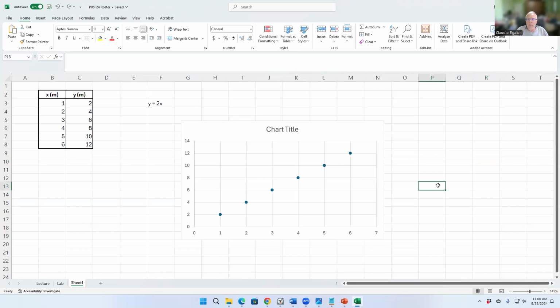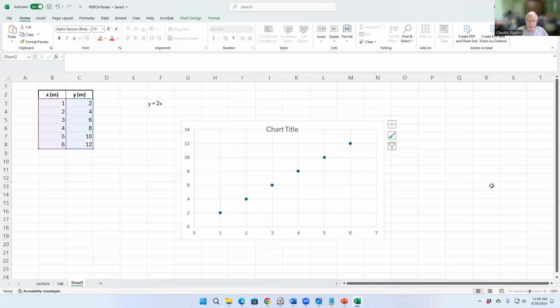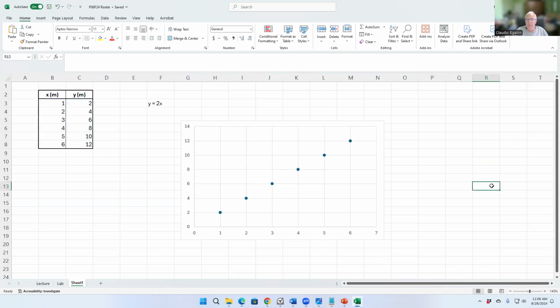So, how do we do that? We go back to what I was about to do before. The first thing that I do in my graph, I delete the chart title. I don't like the chart title, it's just my own personal preference. And then you do something else.